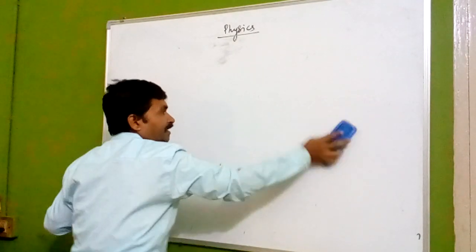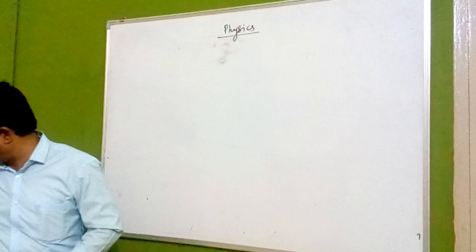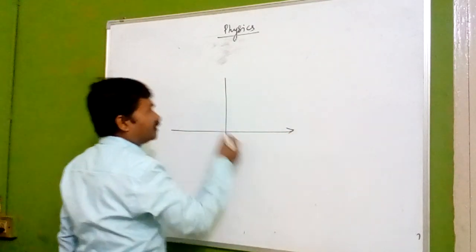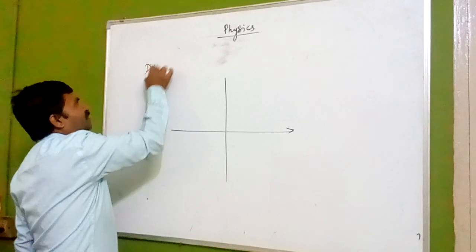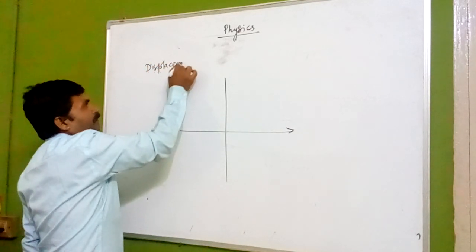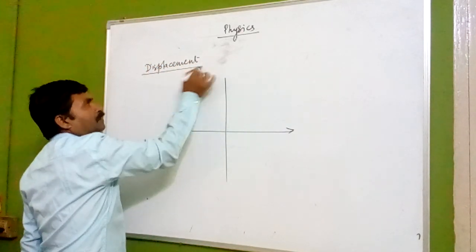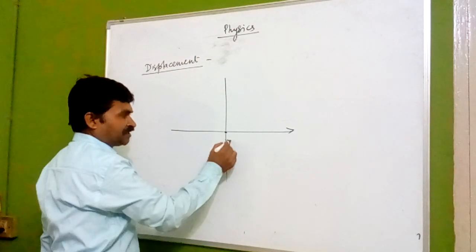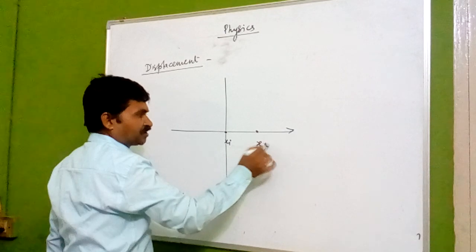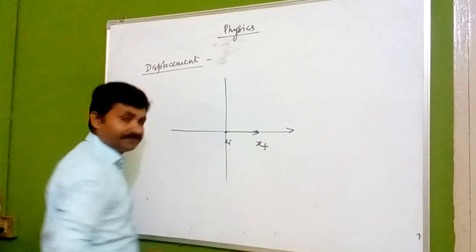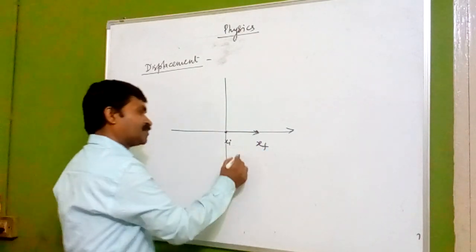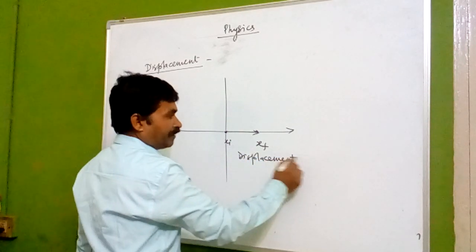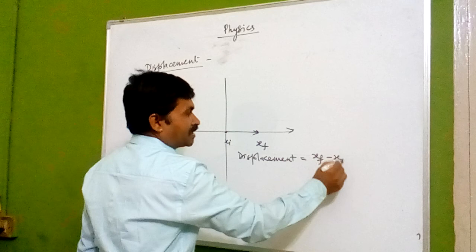Again we are talking about displacement. Reference point is here. We are taking it as an initial point. It is in this direction. It is a positive one. So displacement will be again given by xf minus xi.